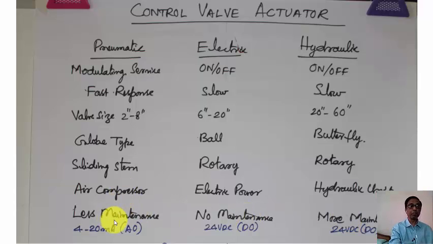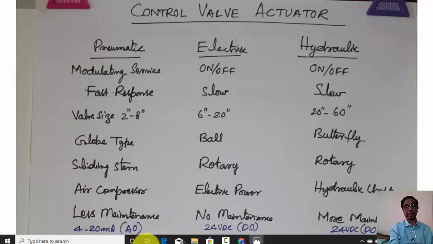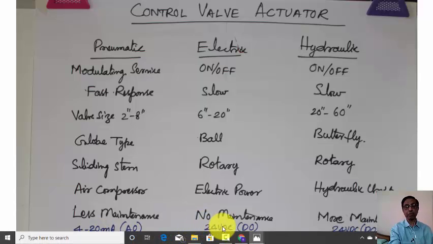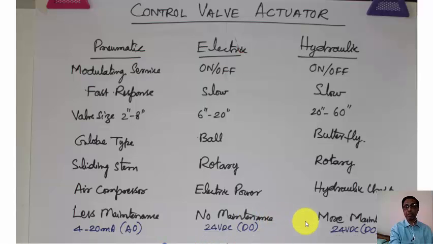Signal wise, pneumatic actuators work with 4 to 20 milliamperes. That is an analog output signal coming from the control system, maybe a controller, a DCS or a PLC. Electric actuators may operate with a discrete output, that is 24 volts DC, and hydraulic is also 24 volts DC discrete output.